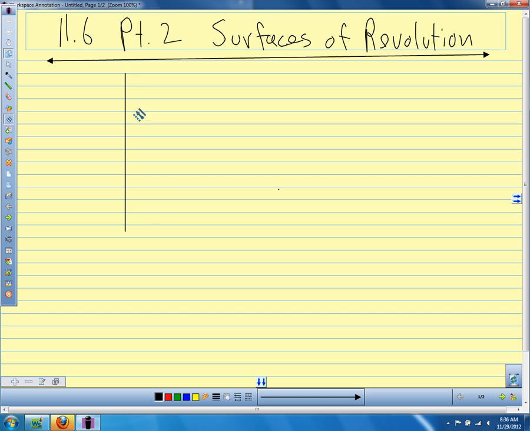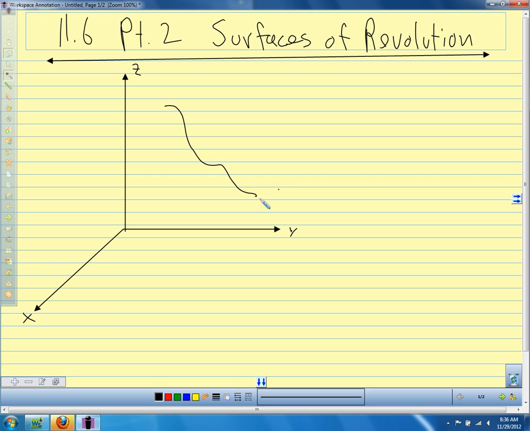So here are our coordinate axes, our normal right-handed coordinate system. And if we have some curve here in the YZ plane, we're going to say that this curve is given by y equals some function of z, and I'm going to call it r of z.